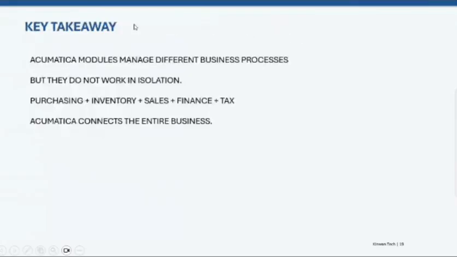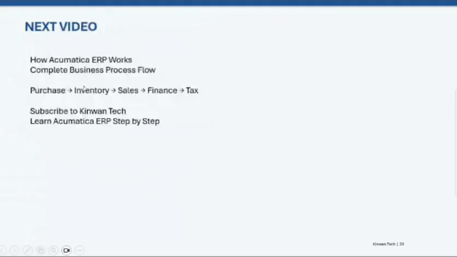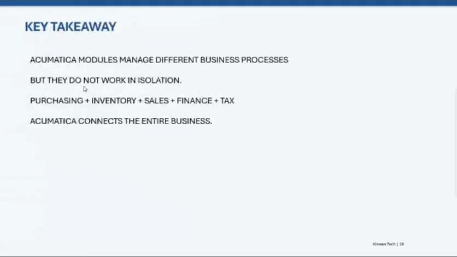So the key takeaway here is that Acumatica modules manage different business processes, but they do not do it in isolation. They work together as one, to ensure the success of any ERP system.